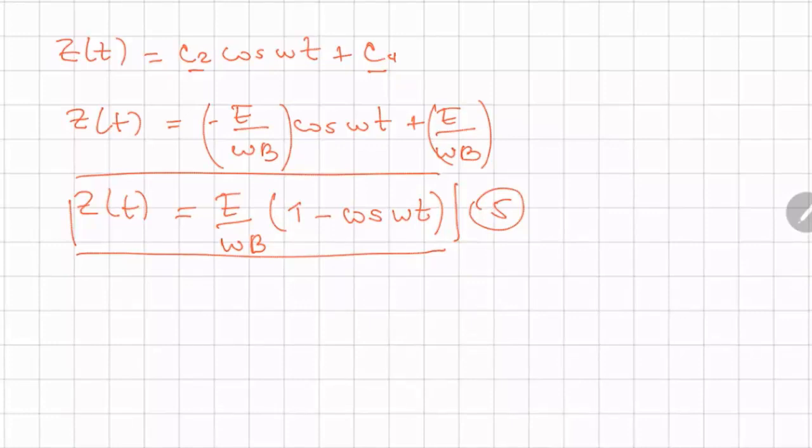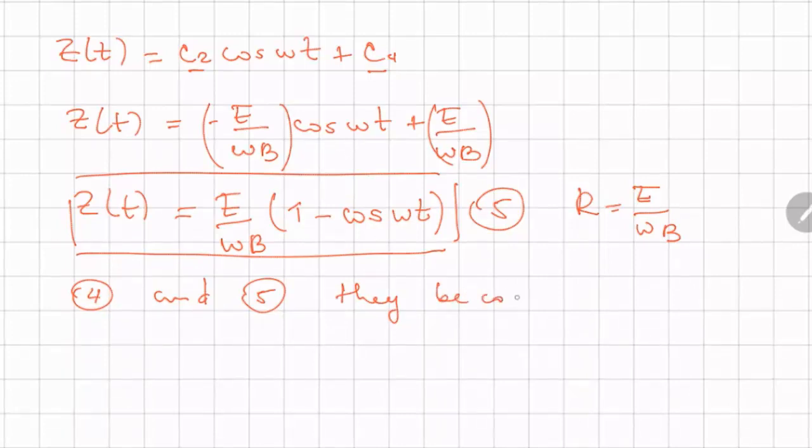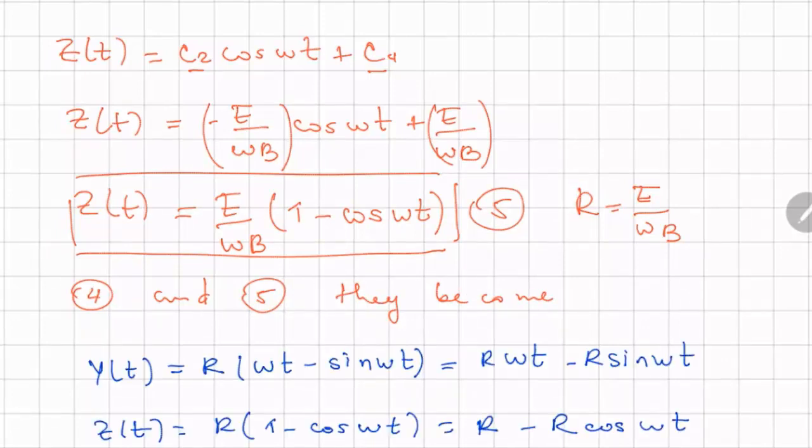So if we call this term r equal to E dividing wB, for equations 4 and 5 they become those two equations.